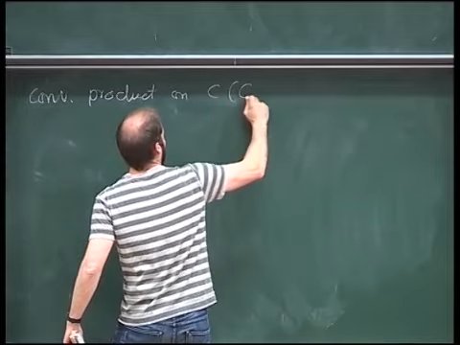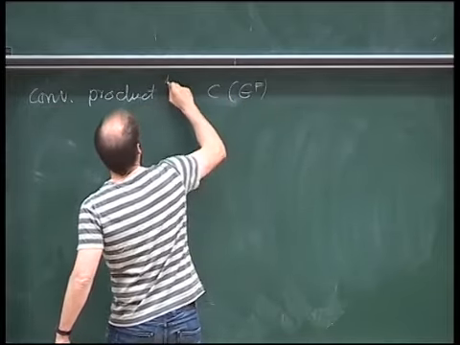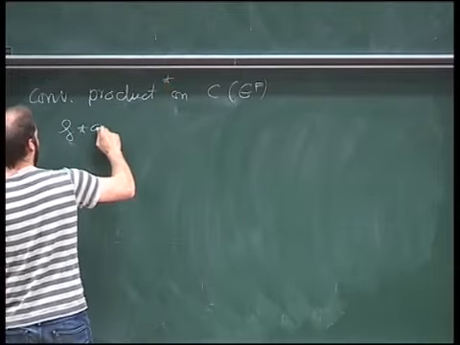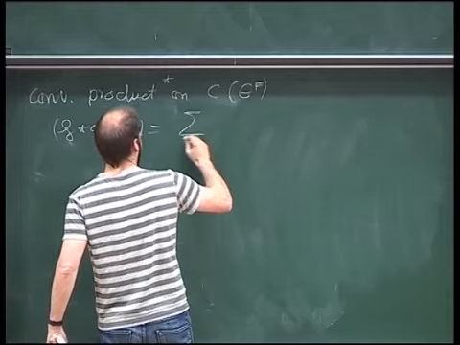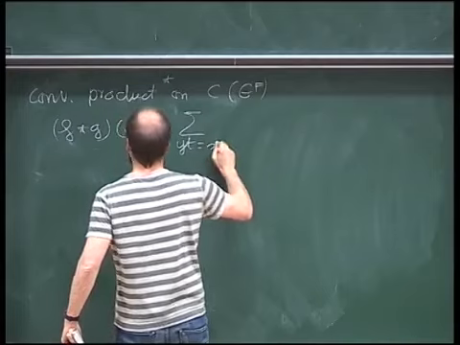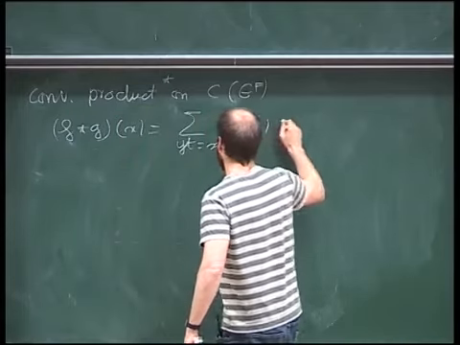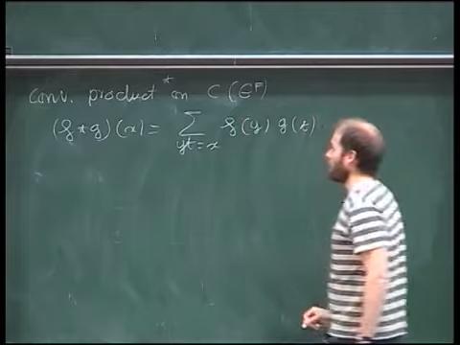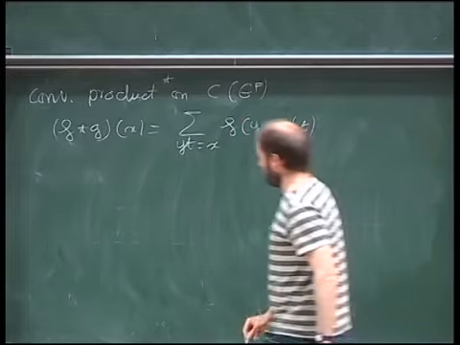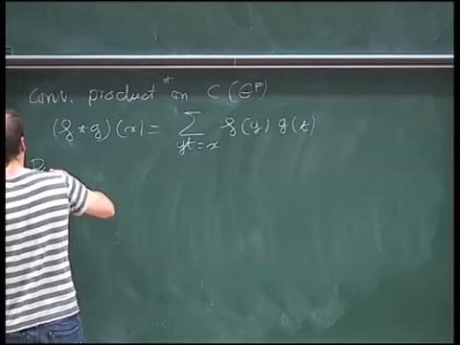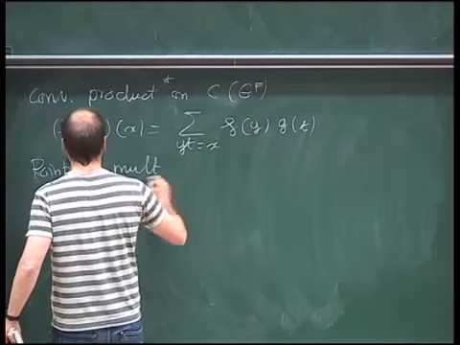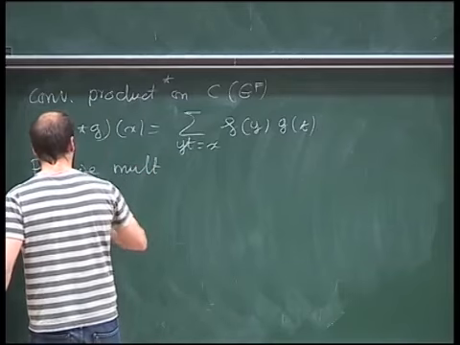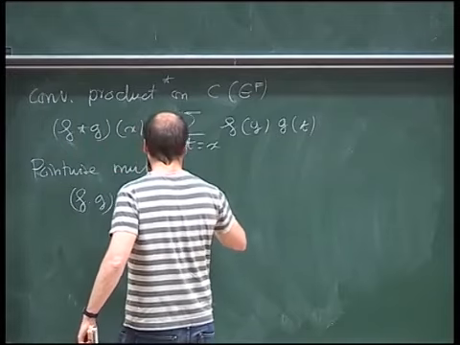This is defined by, for two functions on G^F, the sum over yt equal to x of f(y) g(t). And the other is the pointwise multiplication, which is given by fg of x, so this is just f of x times g of x.